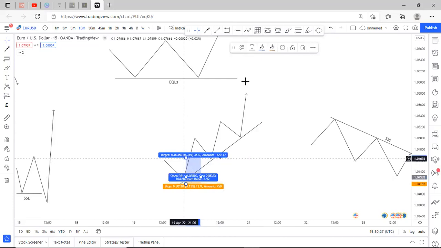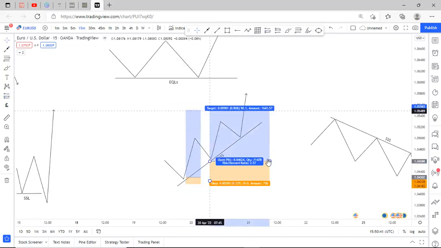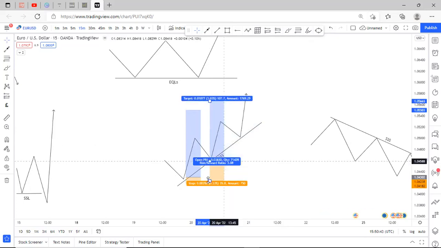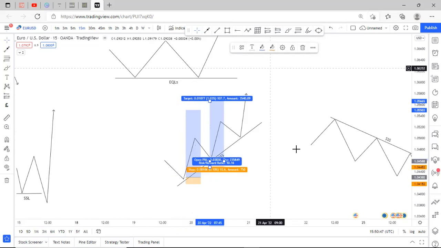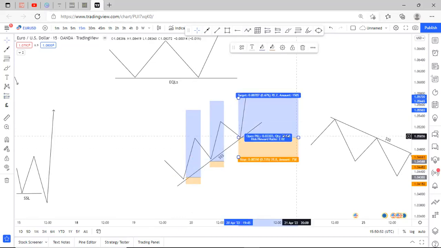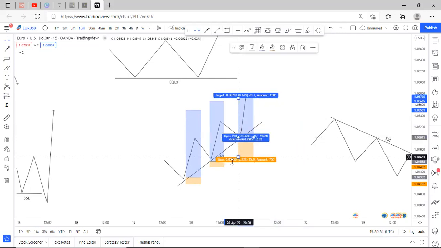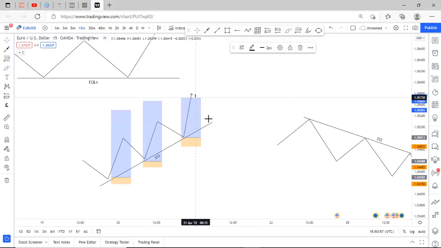We have people buying off this first touch, second touch, people buying off this touch as well, having their stop losses just below this zone. And at the third touch also, we had people buying from this zone as well, having their stop loss at this trend line. And now the fourth time when market is coming back, they want to take another buy trade.